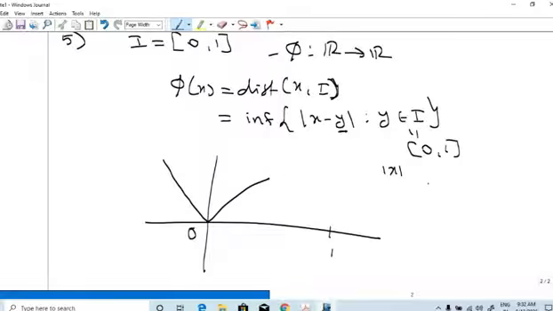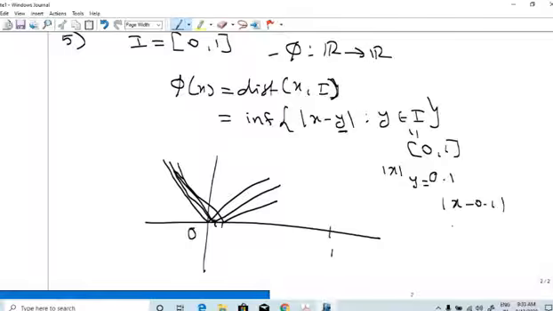If you take the next point, maybe 0.1, if you take y equal to 0.1, we get |x minus 0.1|. That means it is just a translation of this mod x graph. So this is 0.1, and the graph looks like this. Again, if you take the next point, we have this one. Therefore, for each point in the closed interval [0, 1], we have the graph of |x minus that point|.